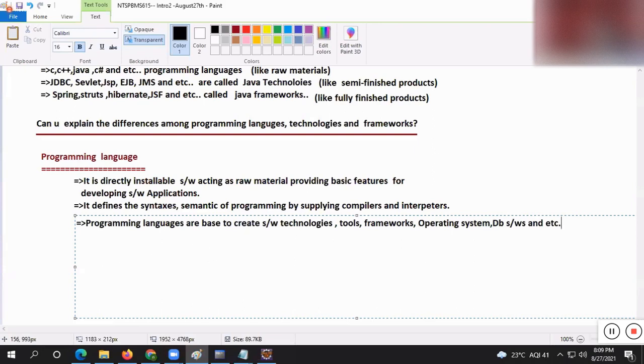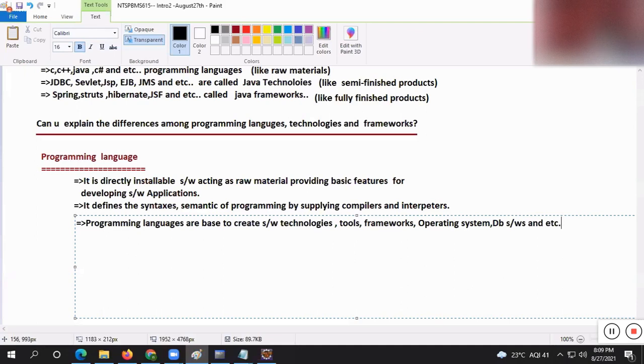Okay. Windows operating system is created by using VC++ language. Android is created by using Java and C++. Everyone thinks that Android means Java, boss. High level Java, low level C++. Unix is created by using C language. Oracle, up to some version, it is C language. After that, Java involvement is there.